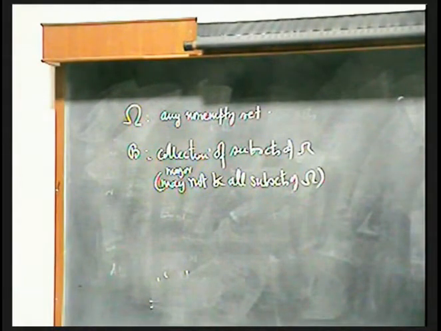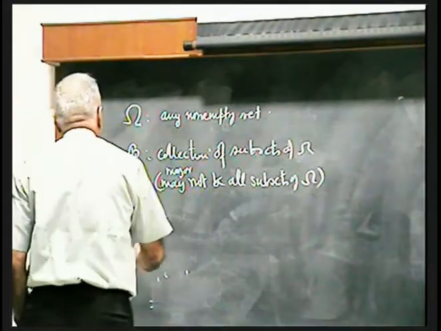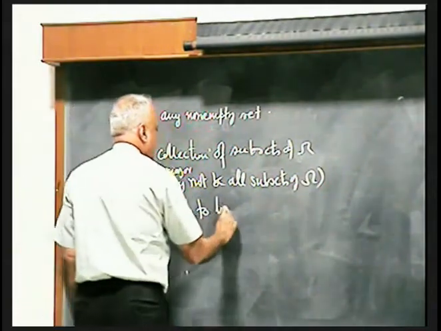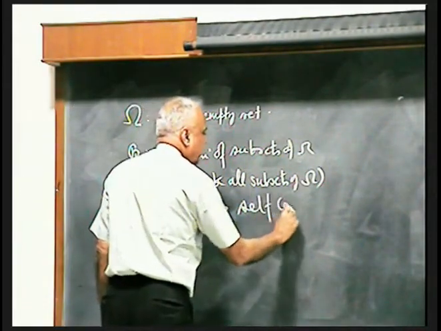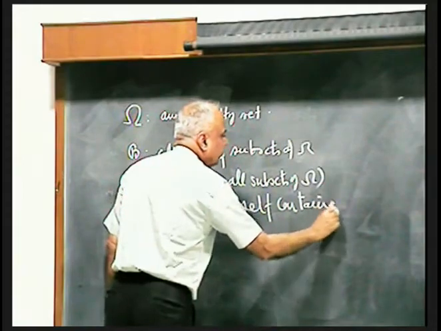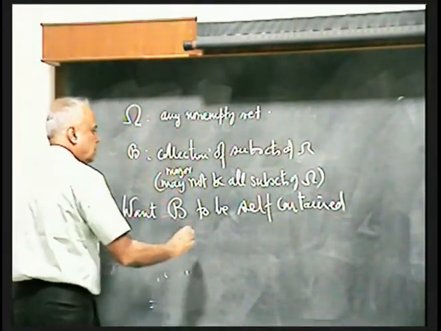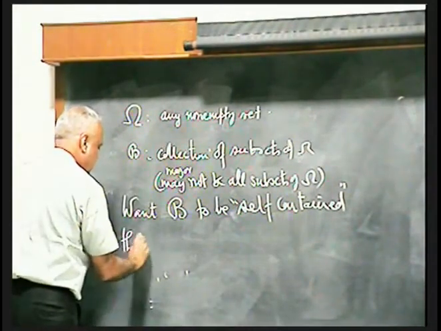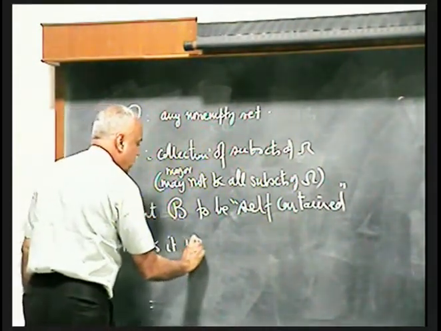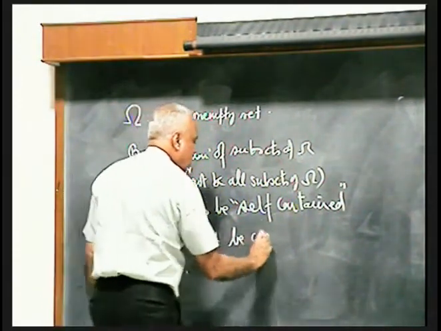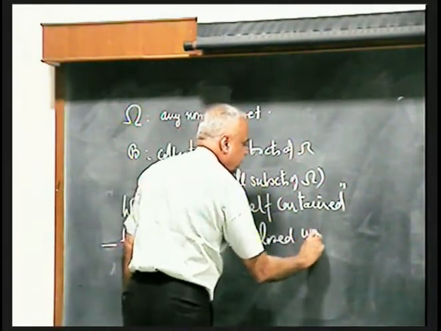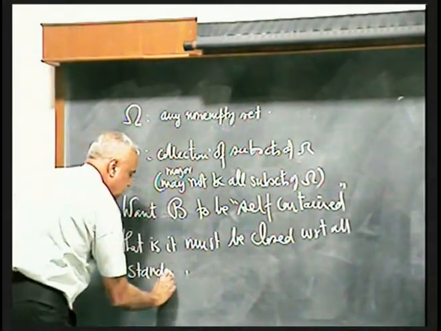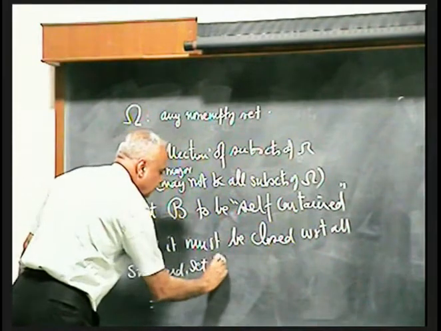I don't have to go outside this collection. So I want B to be self-contained, that is, it must be closed with respect to all standard set theoretic operations.